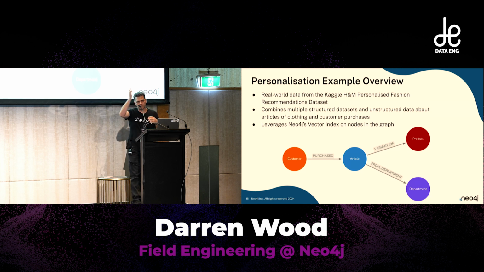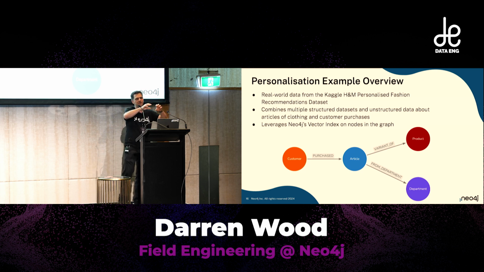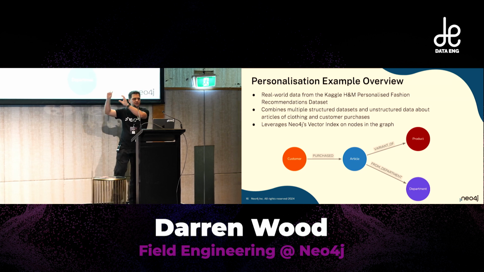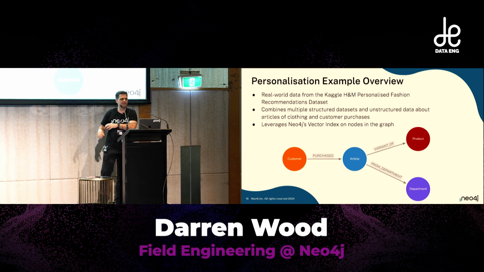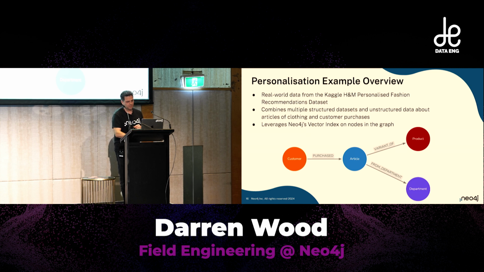It's a very smooth workflow to take this structured data of customers purchasing things, but then take this unstructured data of product descriptions and add them to a vector index. Then we can go via that vector index, with a product search or something like that, to get to a result for the customer.